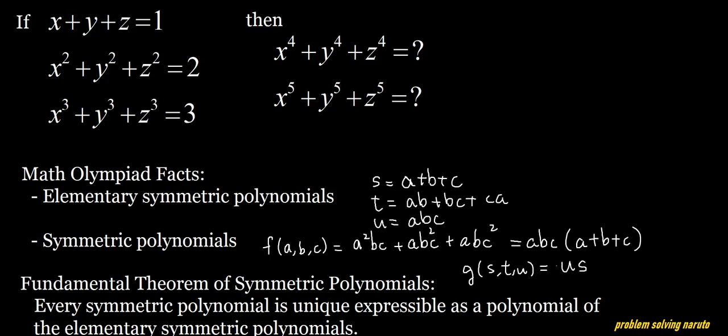The proof is not easy, of course. If you get into university, you will see this is not really a very good mathematical statement. It leaves many things undefined. So for example, what is the field? What are the coefficients? But let's leave that out because we are at the high school level.